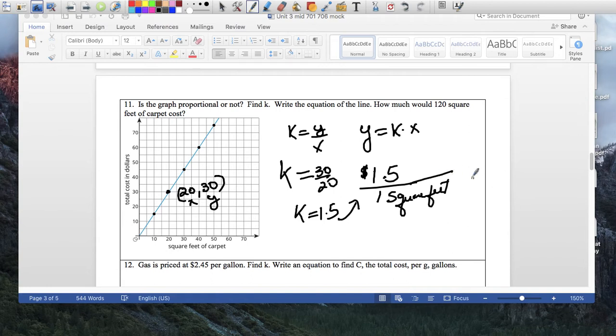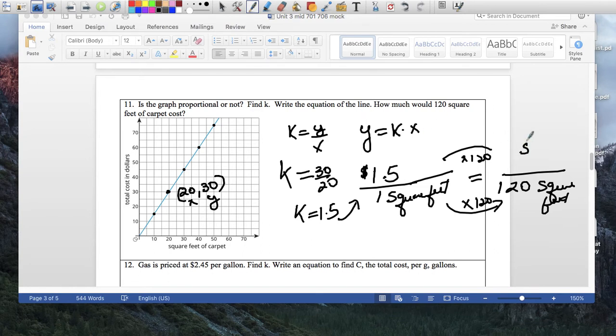We can set this up and then very easily set up our proportion, which is 120 square feet. So 1.5 times 120 equals $180. And that's the final answer.